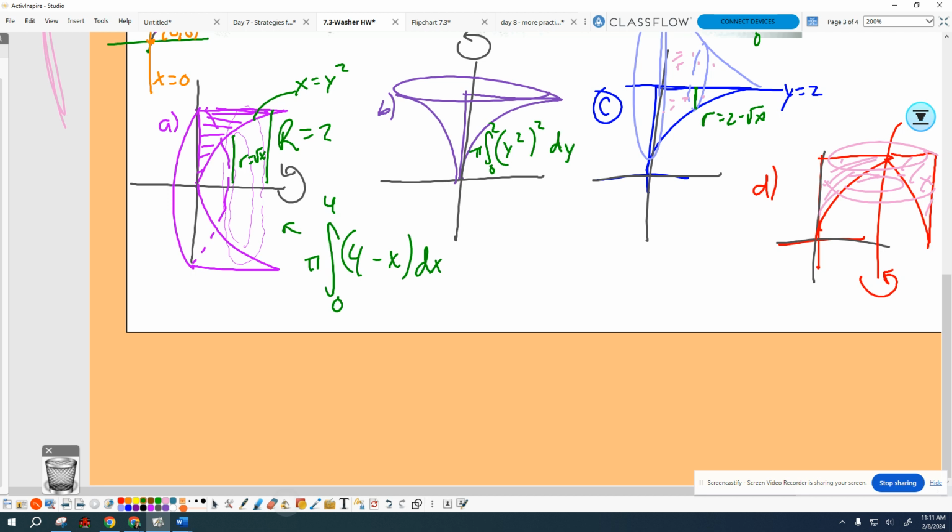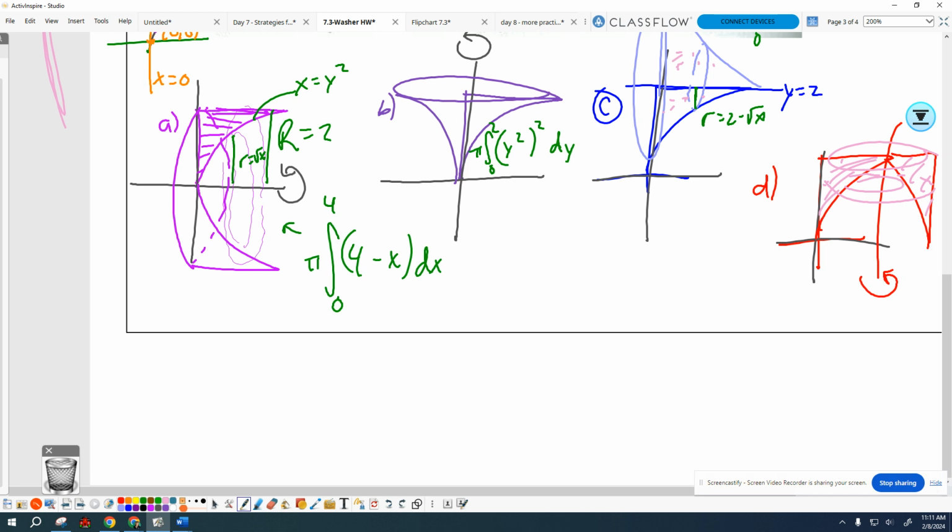It's gonna be pi, cylinder method, not super efficient, from 0 to 2. Outside radius, what is the big radius? That big radius is 4. So this one you can do your cylinder thing because R is just 4. Okay, inside radius, this is the hardest one on here. What is the inside radius? 4 minus root x.